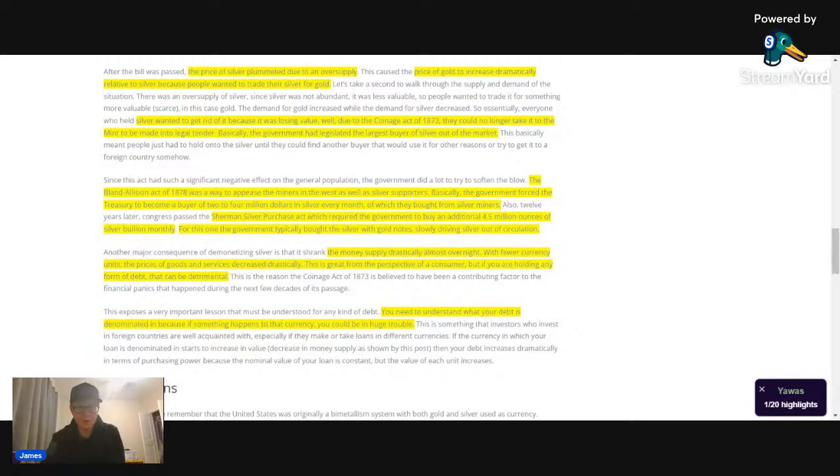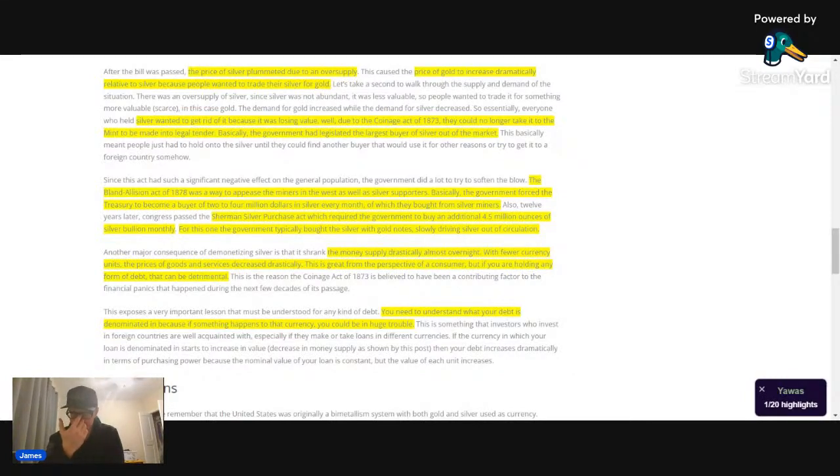So naturally, the government comes in with another series of legislation to do their own thing. This includes the Bland-Allison Act, which happened in 1878, which was basically to appease the miners in the West and other silver supporters, and force the United States Treasury to buy $2 to $4 million in silver every month, right?